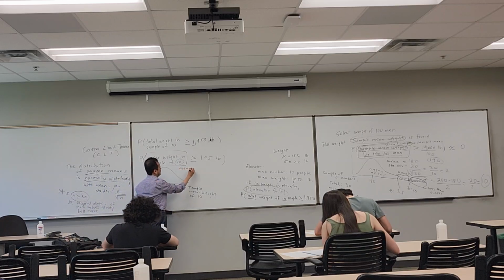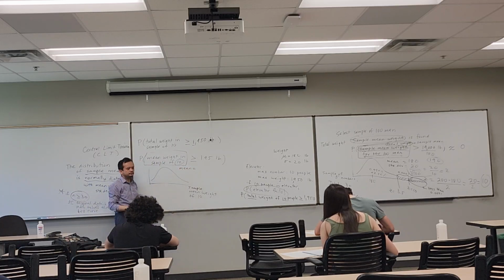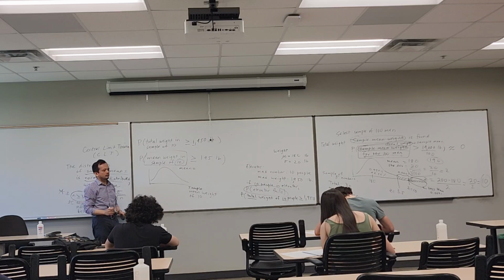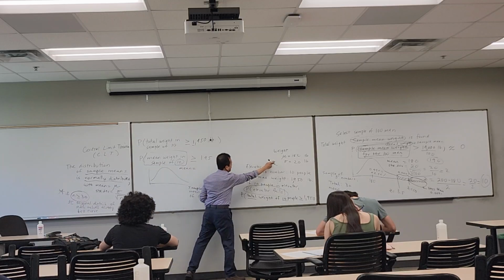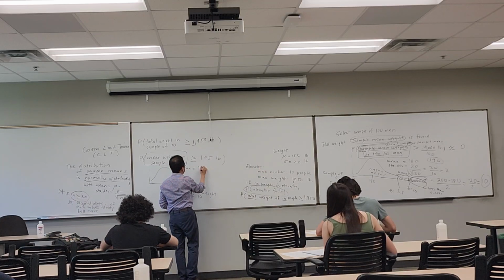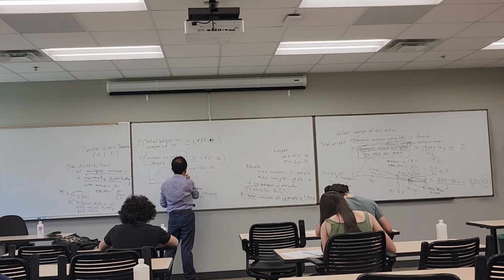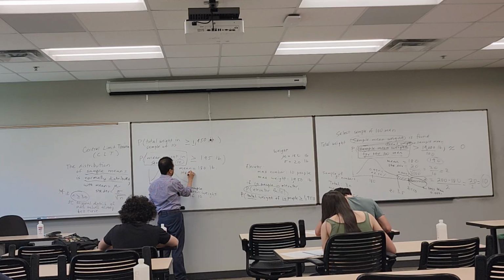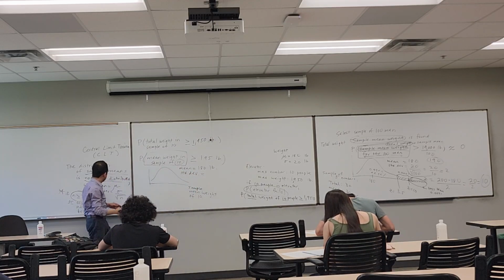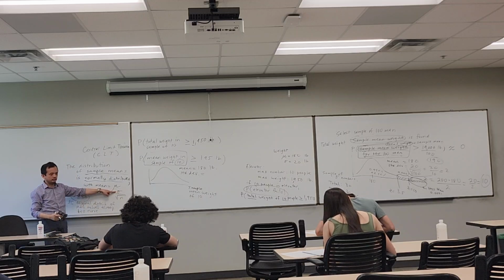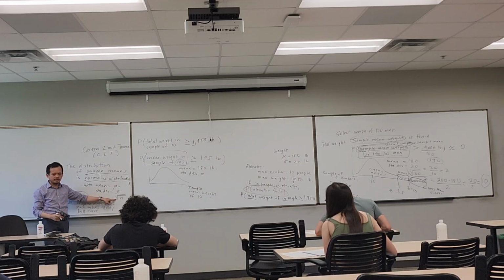So what's the mean of this new bell curve? It's the same as the original, 180. And the standard deviation, by the central limit theorem, is the standard deviation divided by the square root of n.